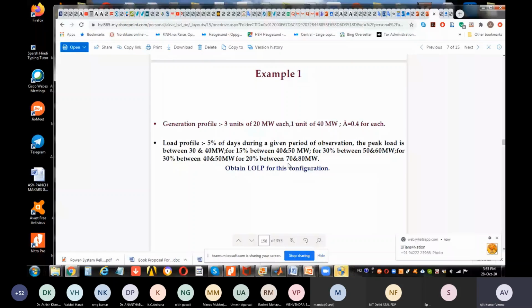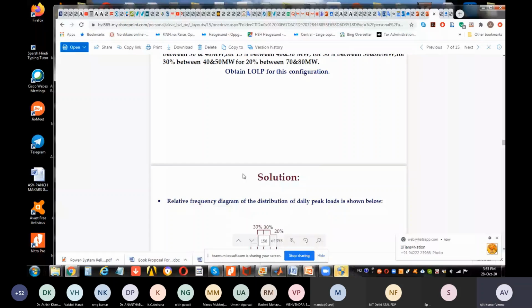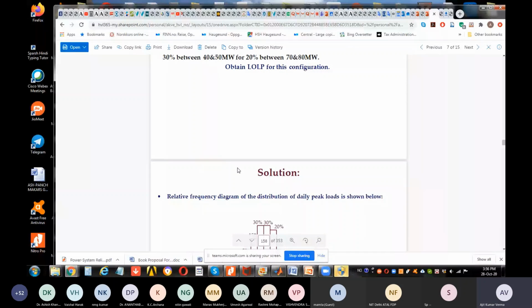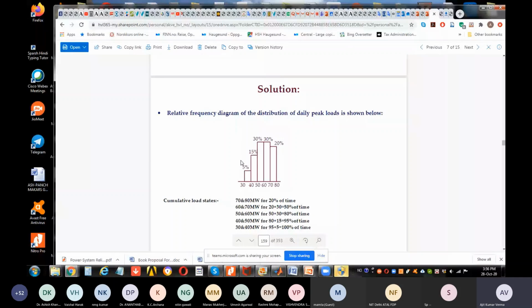You can add them up and see if that's 100. 5% plus 15% is 20%, plus 30% is 50%, plus 30% is 80%, plus 20% is 100%. So you have the load profile, and we need to find the loss of load probability. Between 30 to 40 megawatt, 5% of the time; 40 to 50, 15%; 50 to 60, 30%; 60 to 70, 30%; and 70 to 80, 20%.